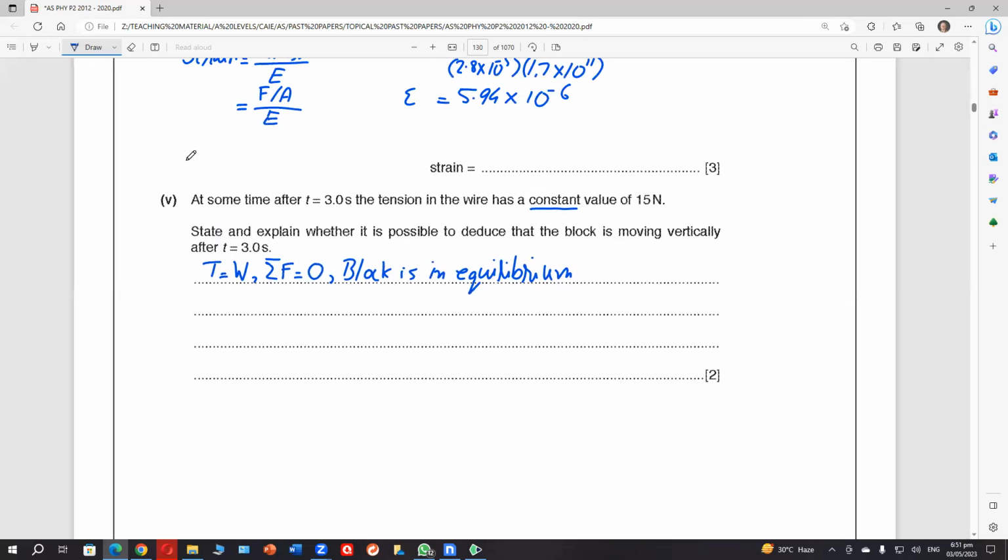Now, if something is in equilibrium, is it necessary that it is at rest, or it can be moving? No, it can be, but not necessary.